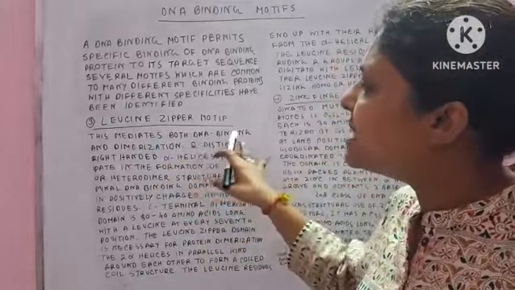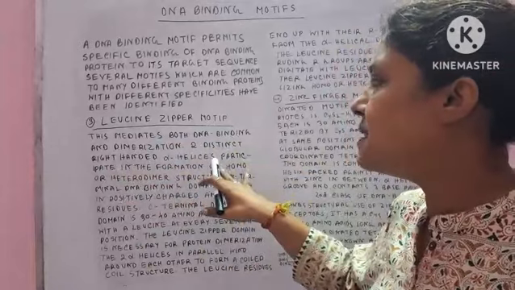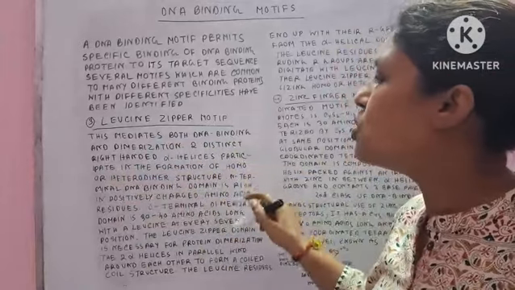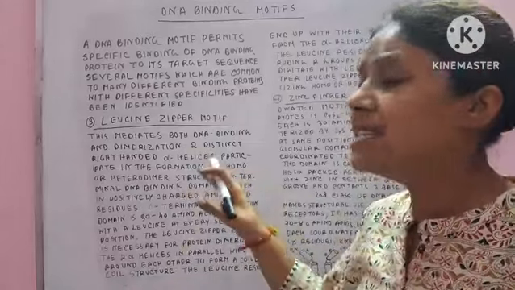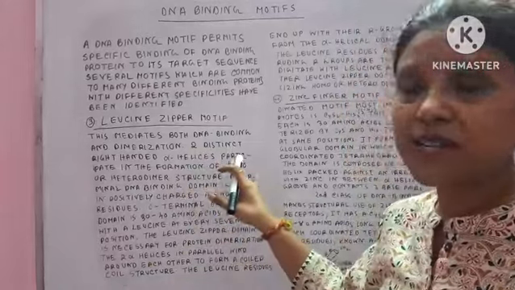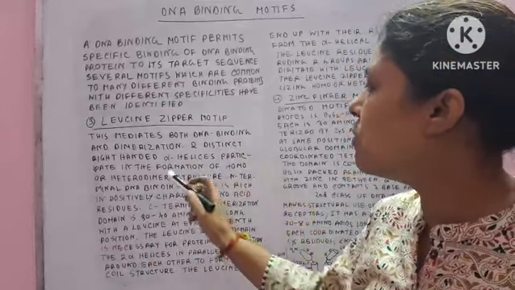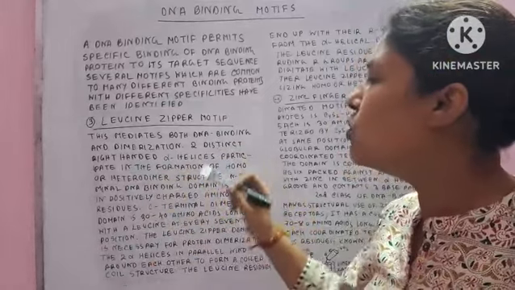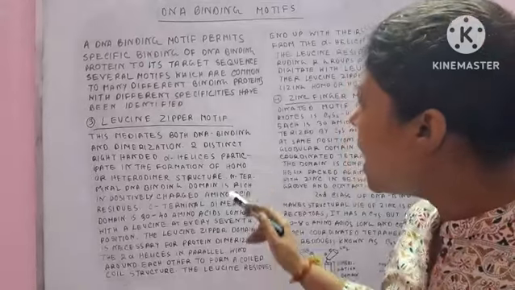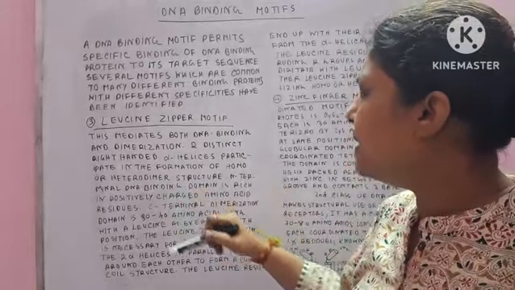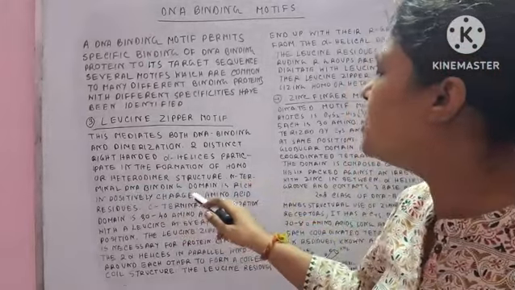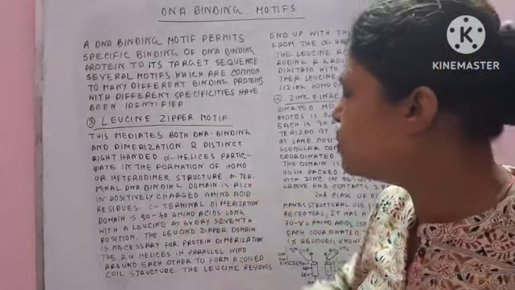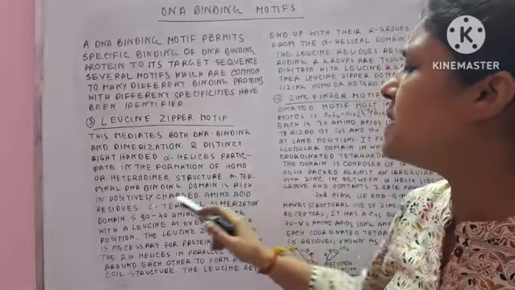There are two distinct right-handed alpha helices that participate in the formation of the homodimer and heterodimer structures. The N-terminal DNA binding domain is rich in positively charged amino acid residues, and the C-terminal is the dimerization domain.